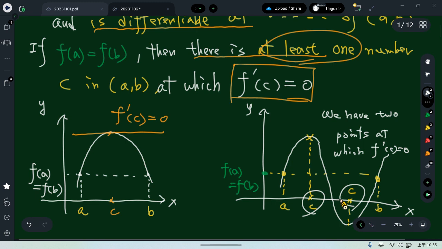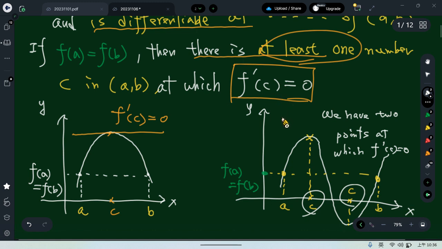So A is here, B is here, so maybe it possibly climbs up, then down, then up and down several times. If so, you can find more than 2. Climb up, then down, or up and down, then finally end at this point, and f of A is equal to f of B, then we can find several points at which f prime C is 0.